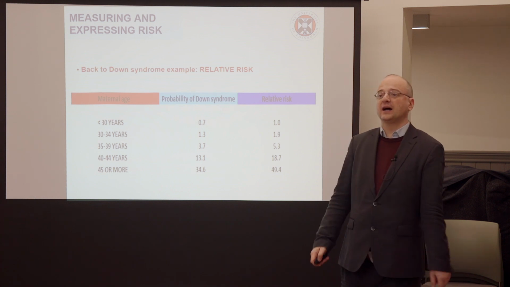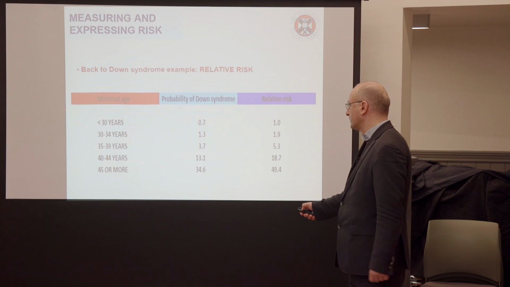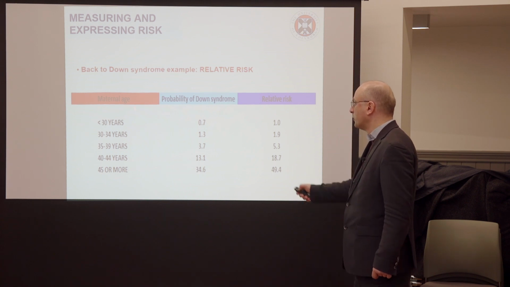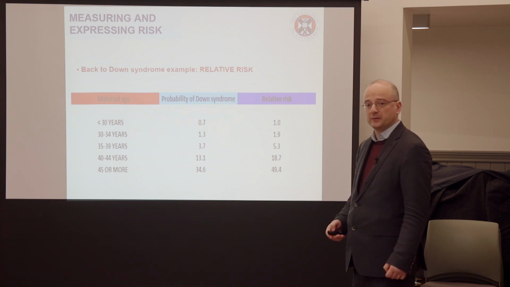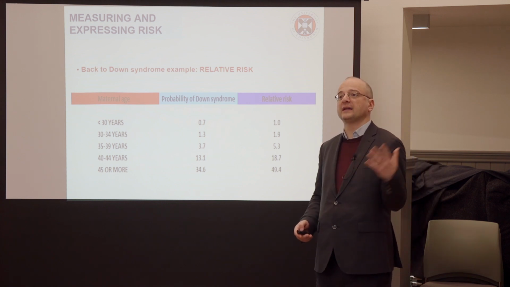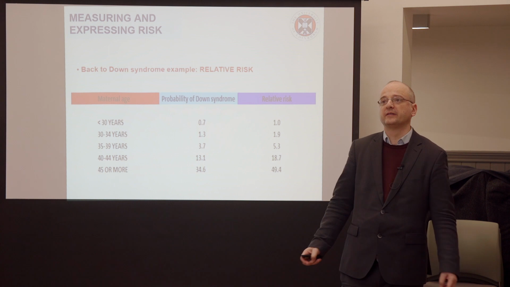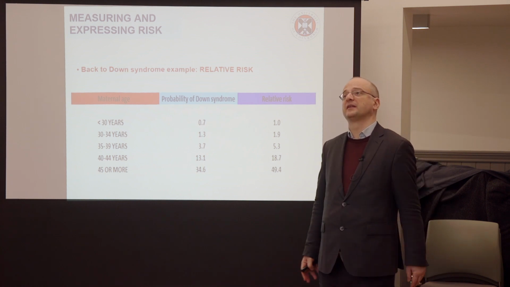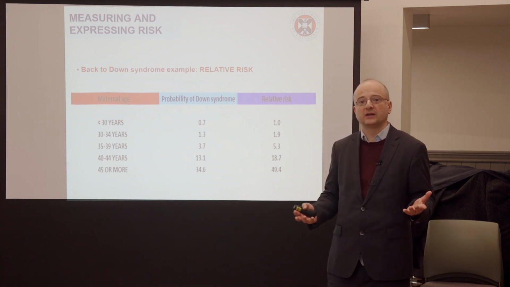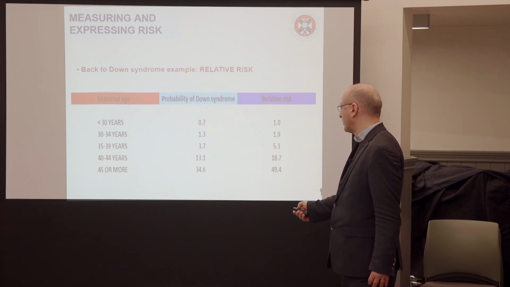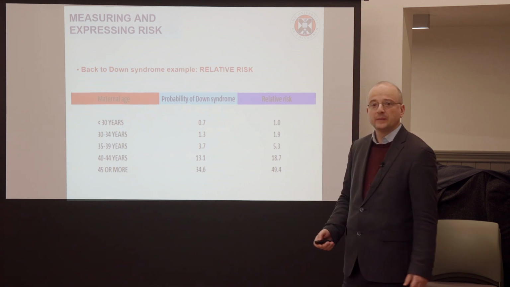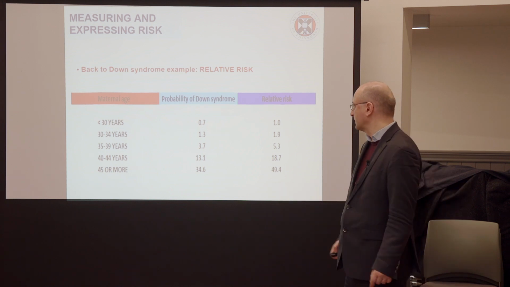So 50 times more likely to have a Down syndrome child aged 45 or more than in the less than 30 age group. 50 times more likely. So if you told a lady that she's 50 times more likely to have a Down syndrome child than when she was less than 30, she would be too scared to have a child. But in fact, the probability is 34 per 1,000. Remember? So it's only 3.46%.